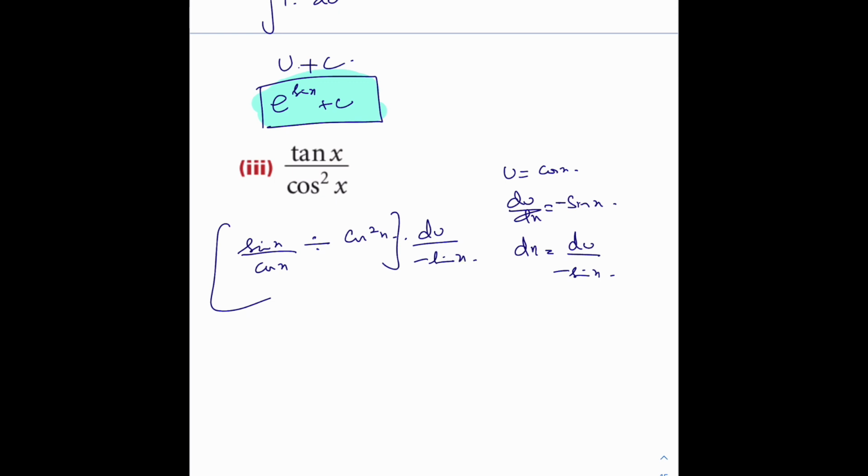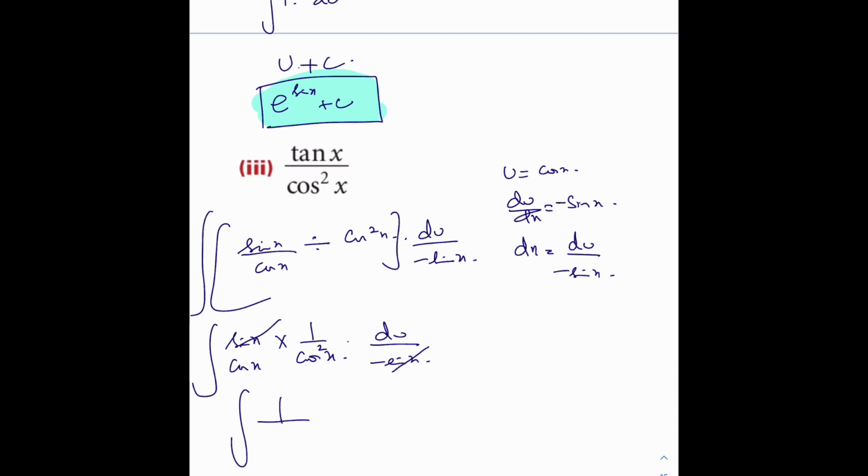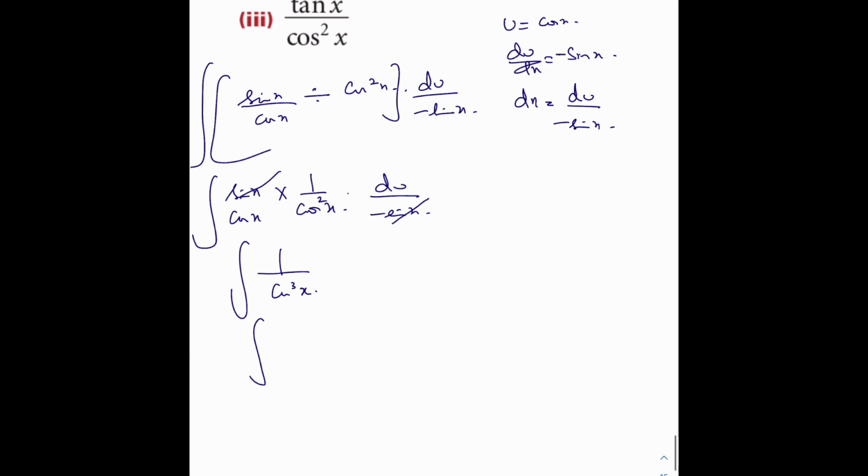Okay, let's simplify this first. Integration of sin x upon cos x multiplied by 1 upon cos square x, dot du upon negative sin x. This and this are going to cancel out. Let me simplify this. It's 1 upon cos cube x, and cos cube x can be taken as u cube du.